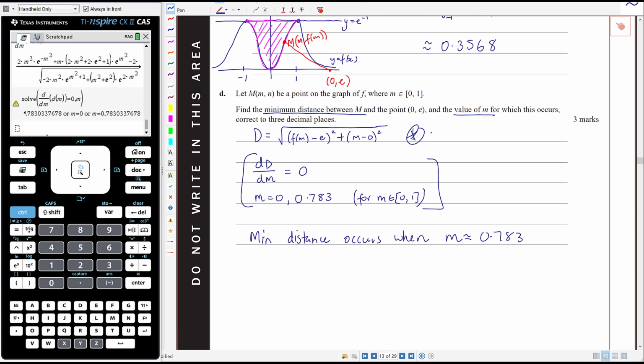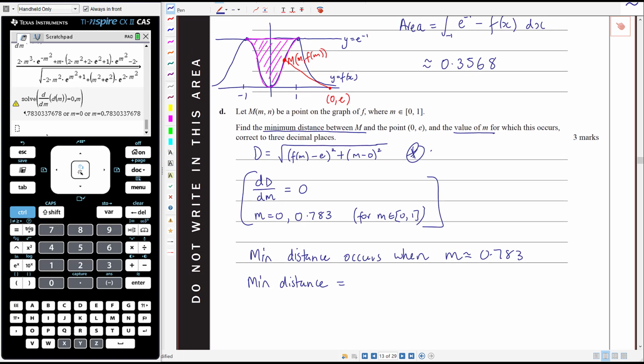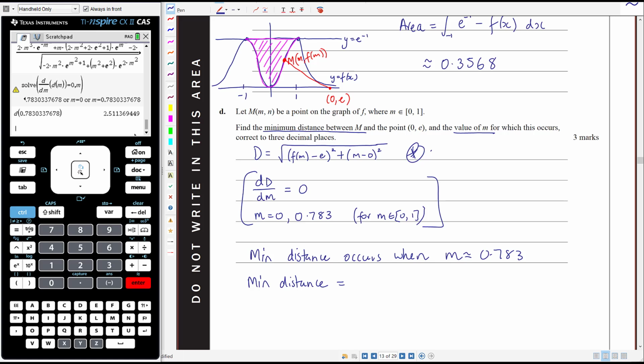And then min distance is equal to, so I'm going to sub that back into my distance function, so d of, I'm just going to type as many decimal places as I can see there, so I'm working nice and precisely, 0.78303367678. And the minimum distance is, correct to 3 decimal places, 2.511 units.